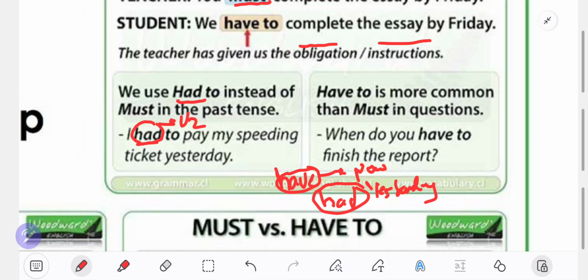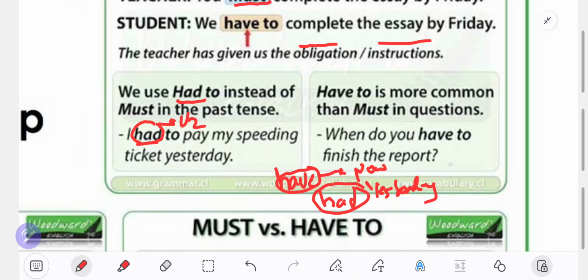Have to is more common than must in questions. If you want to ask your friend or your teacher a question, it is better to use have to, because have to is more common than must in questions. For example, when do you have to finish the report?